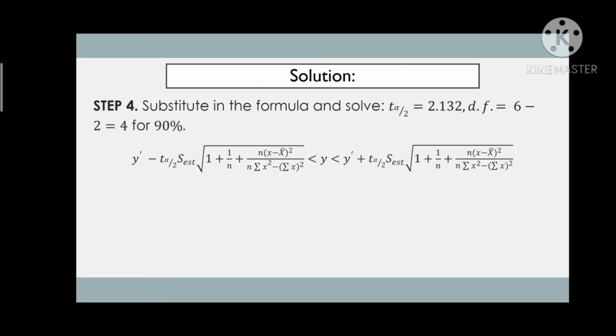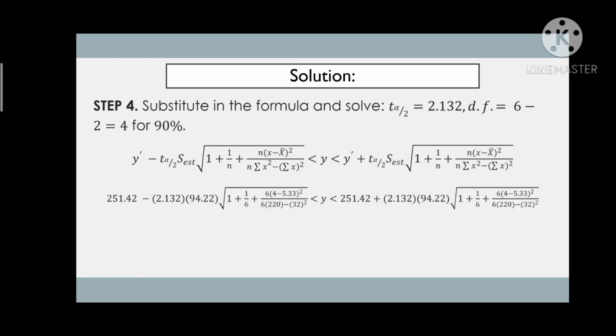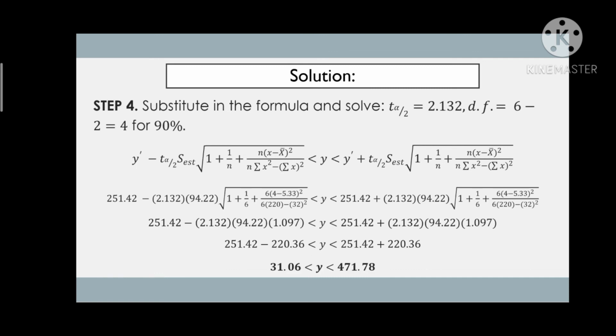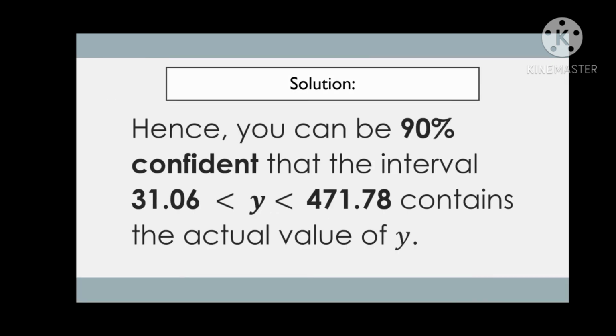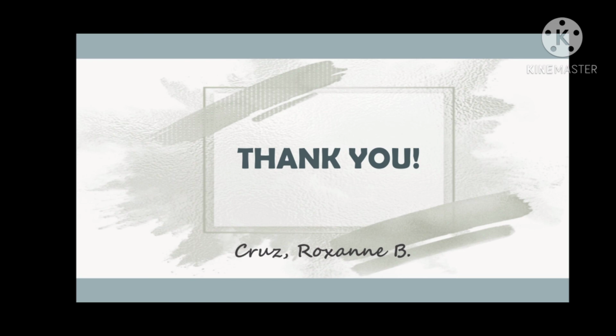Substitute those values in our formula for the prediction interval using the calculator. The answer will be from 31.06 to 479.78. Hence, you can be 90% confident that the interval from 31.06 to 479.78 contains the value of y. That will be all. Thank you for listening.